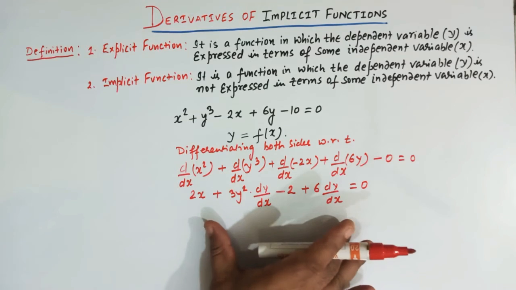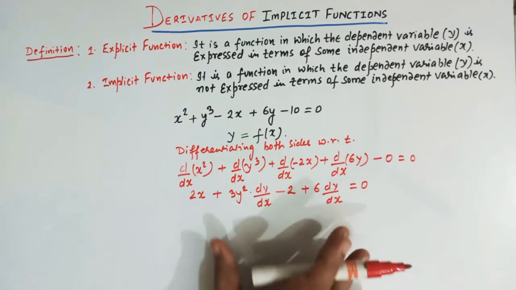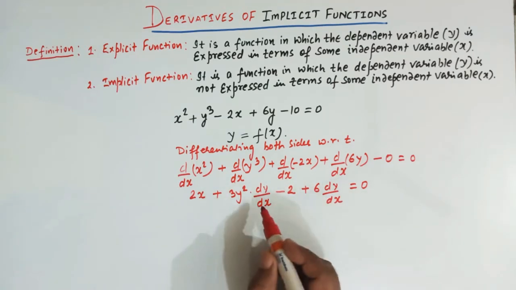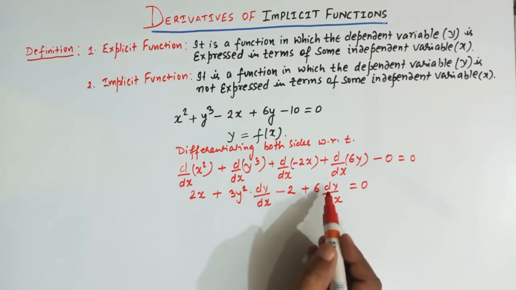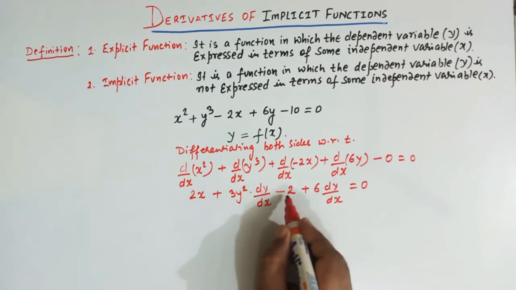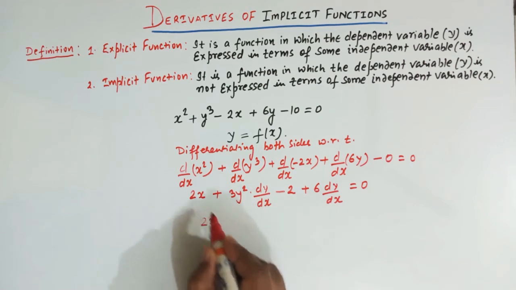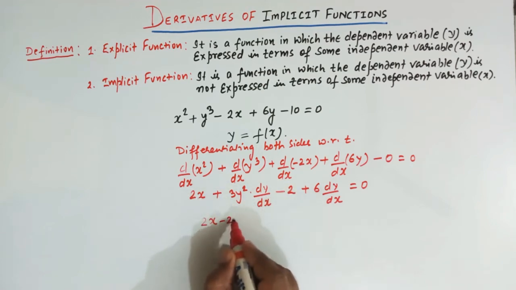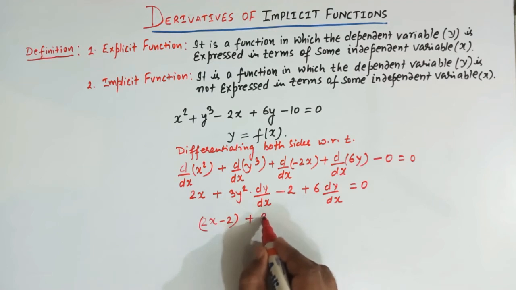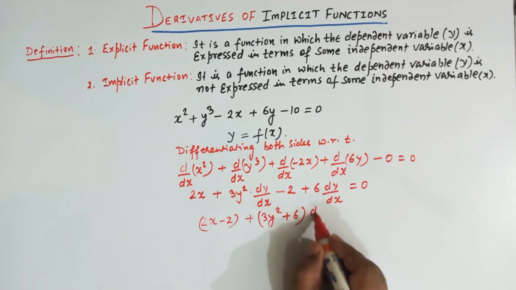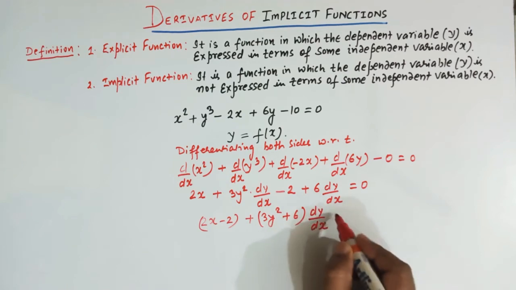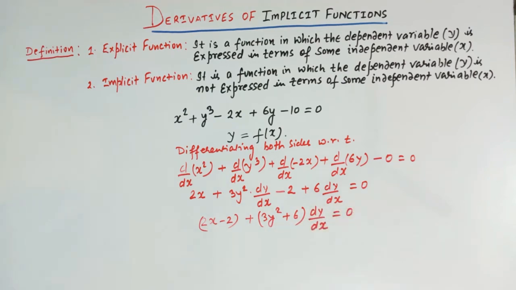Now once we have obtained this expression, we'll collect the terms containing dy over dx. So collecting the terms, we have here 2x minus 2, then we have 3y square plus 6 times dy over dx equal to 0.